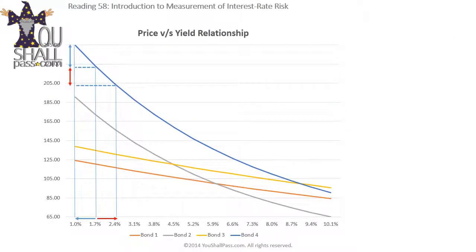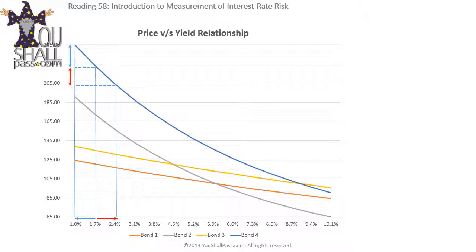There's another, perhaps equally important characteristic about bond price behavior that one can observe from the curves above. If you look at the curves, they obviously slope from left to right, which means that any reduction in yield will result in a leftward movement along the price yield curve, and any increase in yield will lead to a rightward movement.